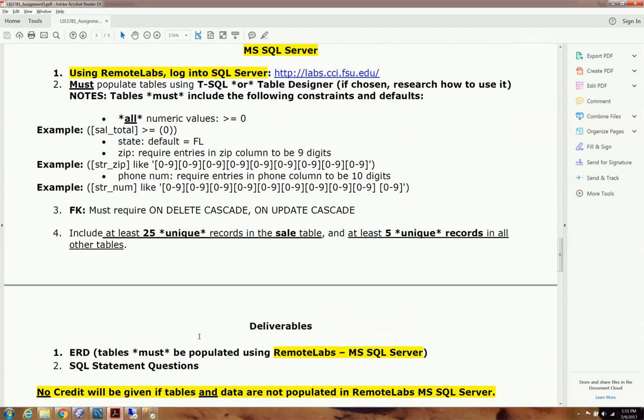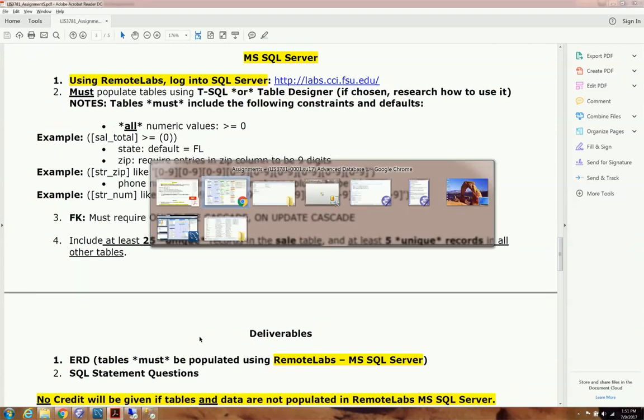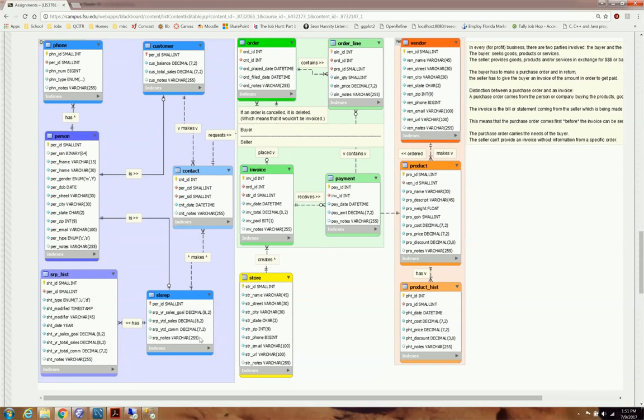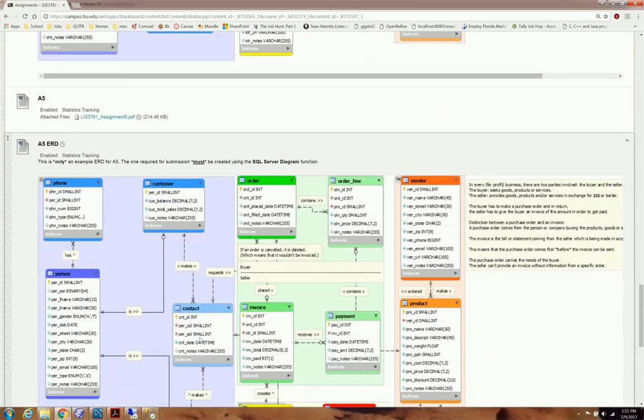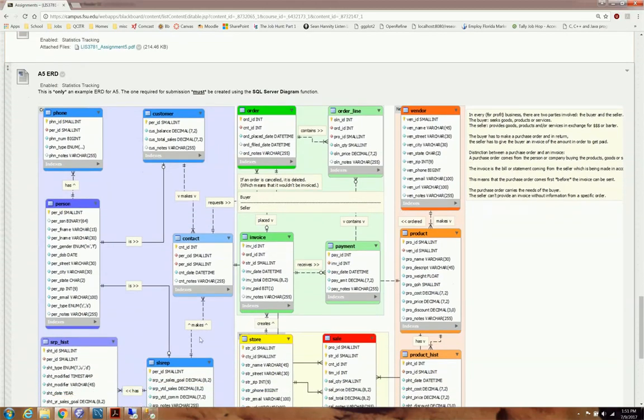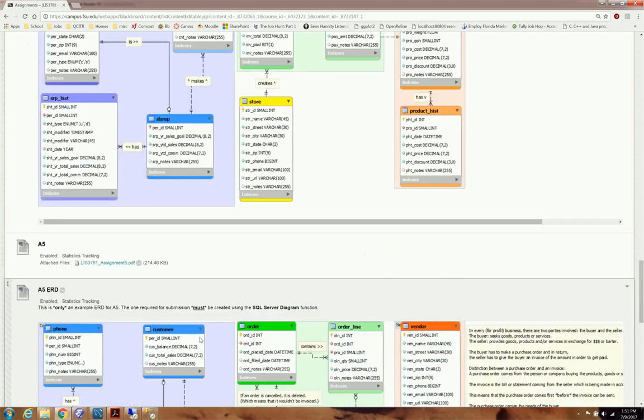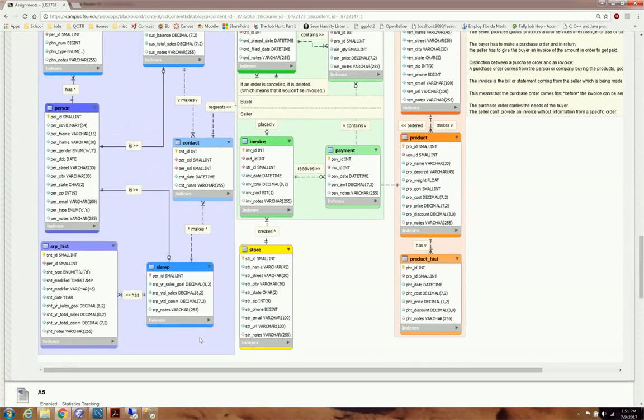All right, but again, please make sure that you have your design in SQL Server. The other thing is, gang, I've been showing you this ERD using my MySQL Workbench. However, no credit will be given for the assignments as far as the ERD goes, unless this ERD is designed in Microsoft SQL Server, which, if I have a chance here, I did show that in class.